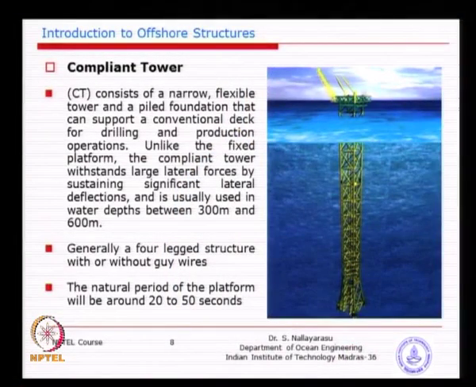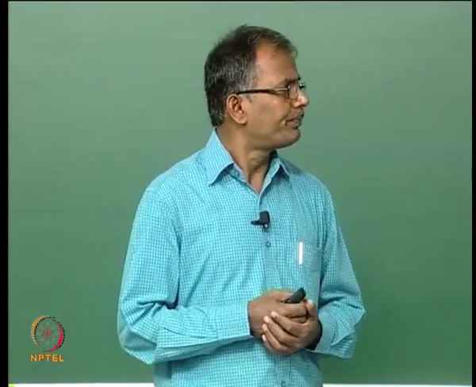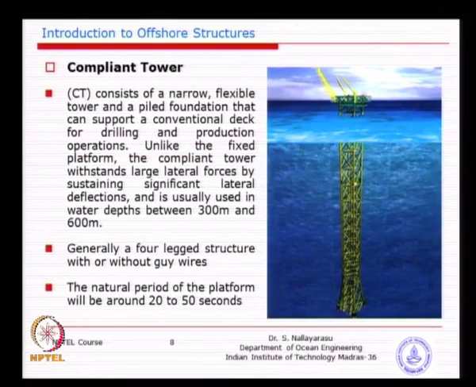This compliant tower is basically a simple idea that suited well for those times when the water depths were larger and floating systems were not possible. But nowadays nobody is going for a compliant tower, because we have very good floating systems available for the design when the water depth is more. That is why if you go into the literature, you will not find many of these systems used in the past, only very few, maybe 5 or 6 of them.